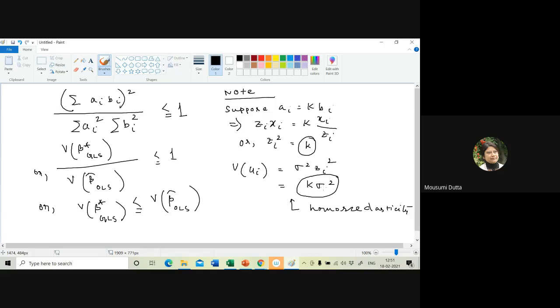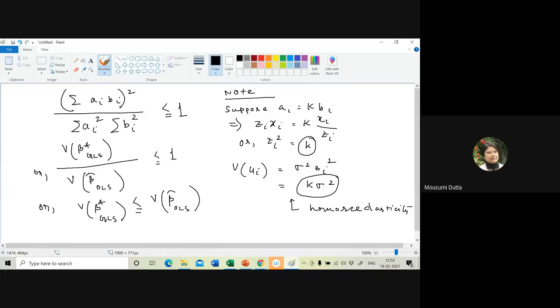And therefore, we will get the same variances both for GLS as well as for OLS. Okay, so in this way, we can show that the GLS estimator provides the lesser variance compared to the OLS one, and therefore, it is the better estimate.